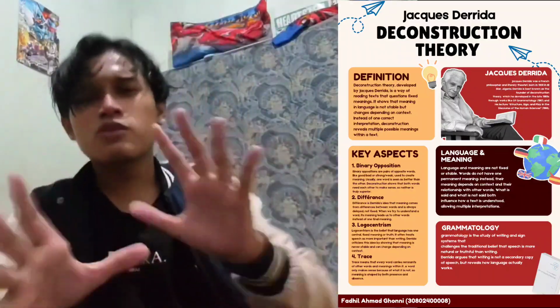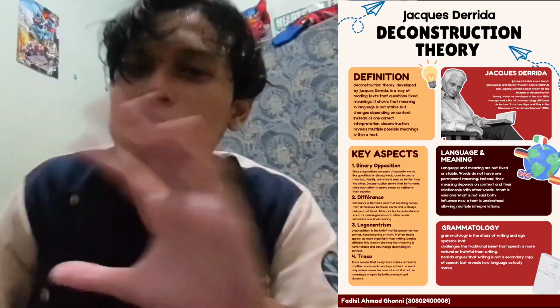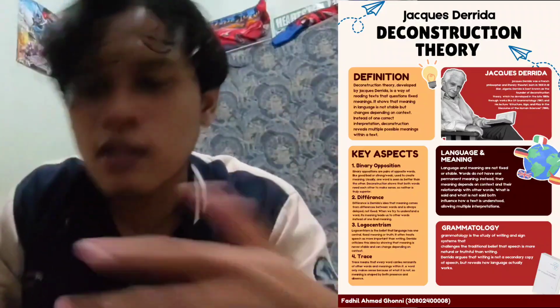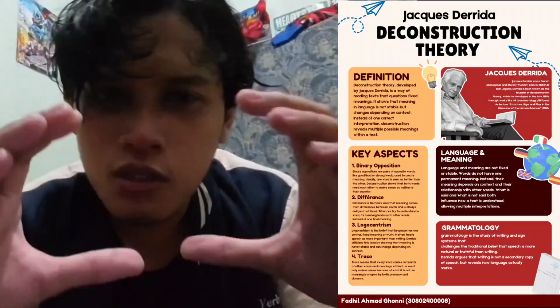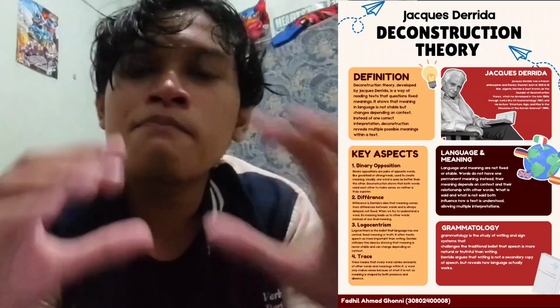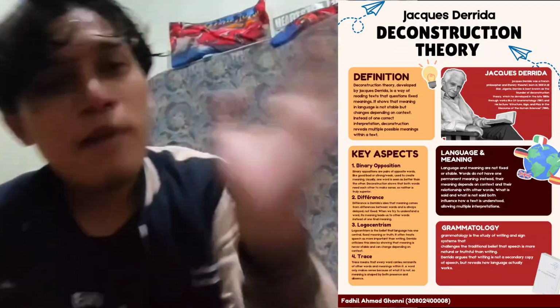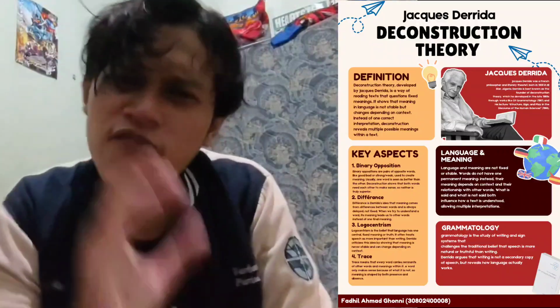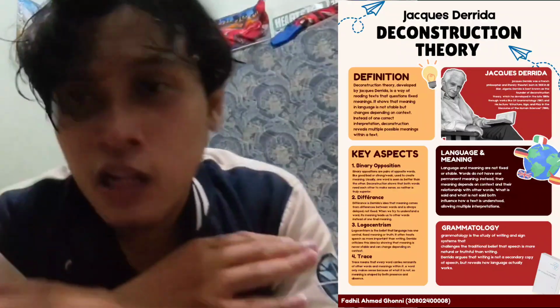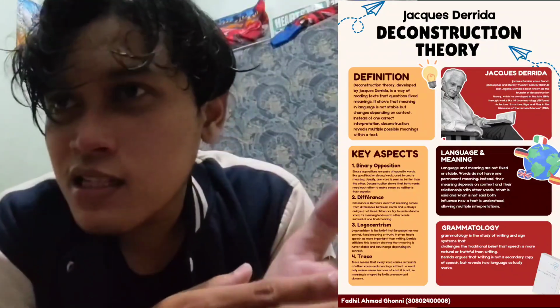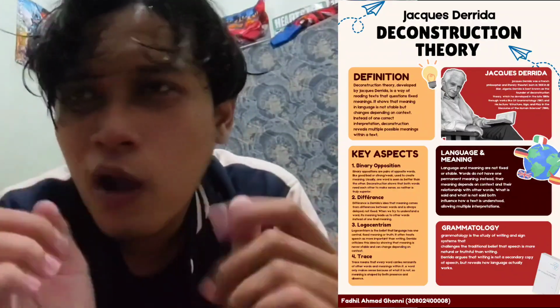Let's say this. I'm going to explain it more again. The word good can make sense or have meaning because bad exists. So what if bad doesn't exist? It will not have the meaning. So it's not simply that good has only one fixed meaning.